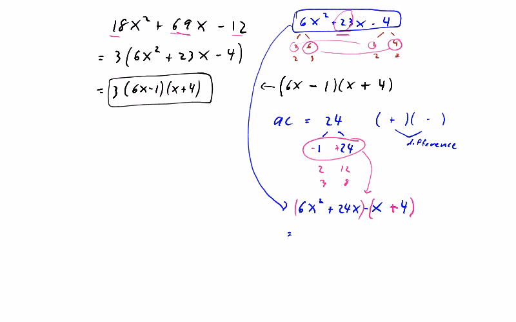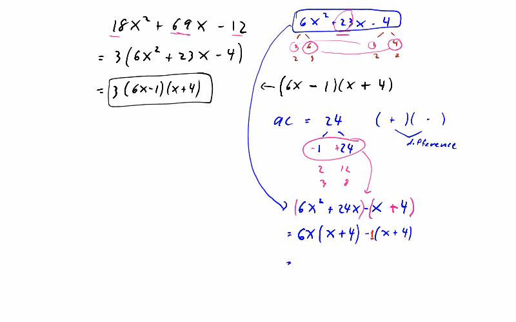So if I look at the first two terms, I can factor a 6x out of those two, and that would leave me with, when 6x squared is divided by 6x, an x, and when 24x is divided by 6x, that would leave me with 4. And the second pair of terms can be just left as x plus 4. Now note that that's implied to be 1 times (x plus 4). So there's an implied 1 right there.